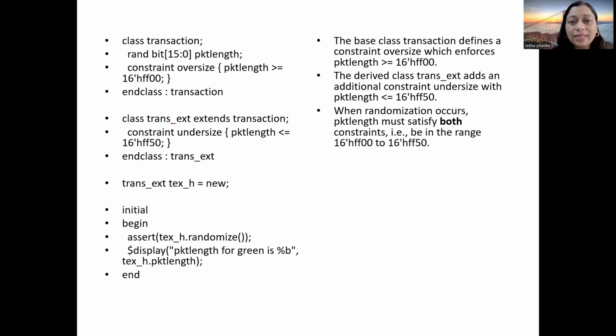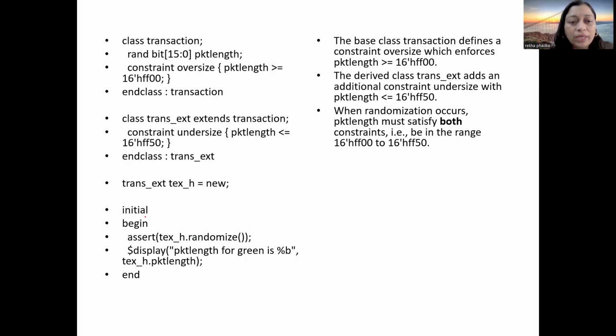Now this child has inherited parent, and for packet length in parent, the constraint is it should be greater than FF00, and inside the child it is less than or equal to FF50. So when you use packet length inside the child class, the range of random value which packet length will have is anywhere between FF00 and FF50. Okay, because the property of parent is also inherited by the child.